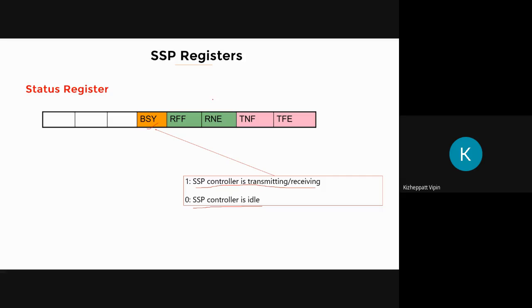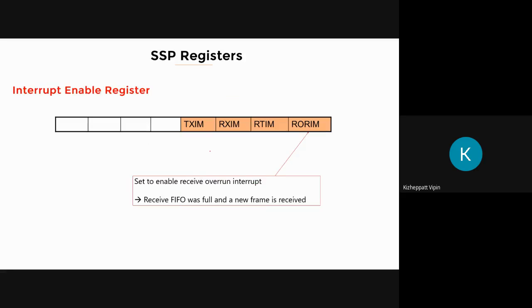If there were no FIFO, for example in the case of SPI, you need to make sure it is not sending or receiving, meaning its register is empty, before you attempt a new write operation. Here, even if it is busy, if you still have space in the transmit FIFO, you can still write to that FIFO, no issue. So let me repeat, the important ones are these two.